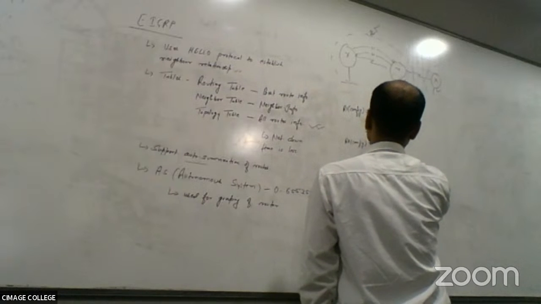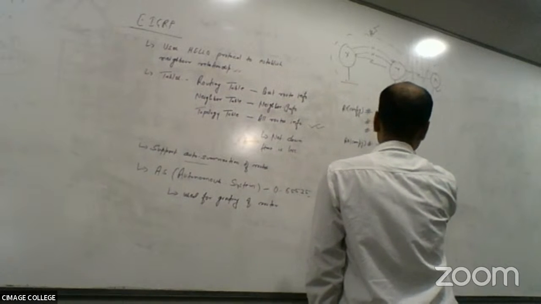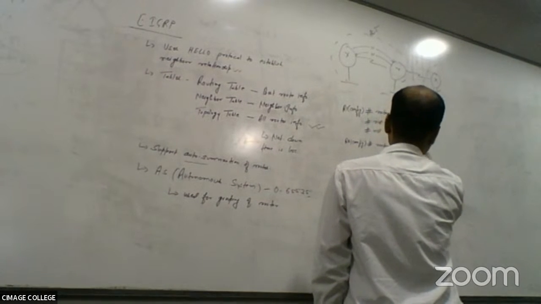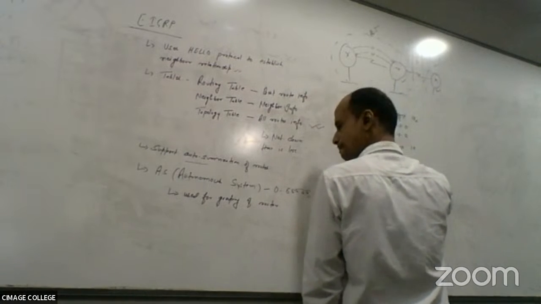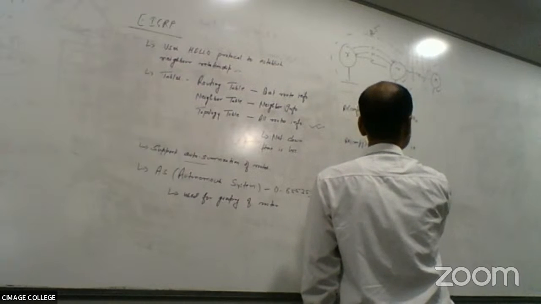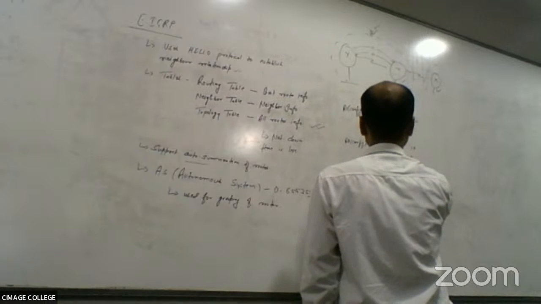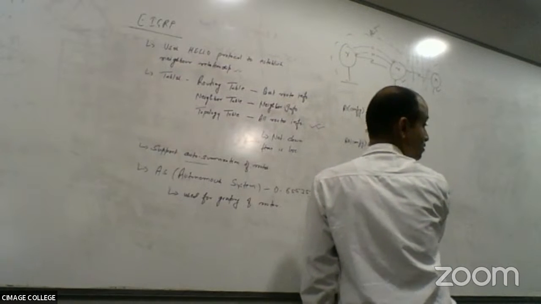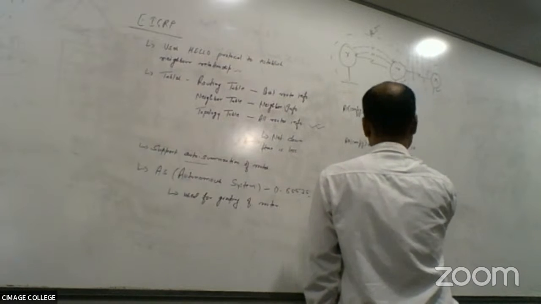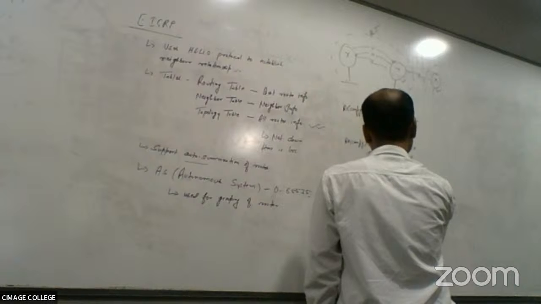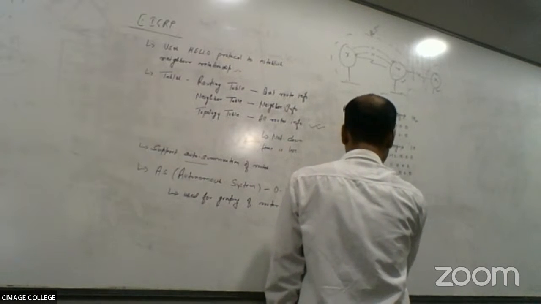Router 2. Router EIGRP 10. Then 10.0.0.0, then 172.16.0.0. Next. Okay. Router 3.